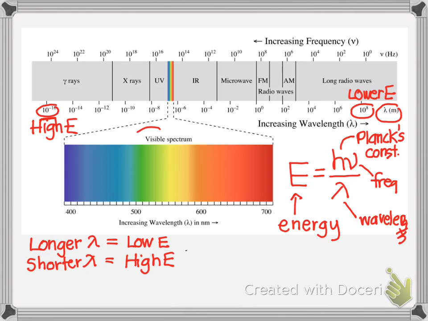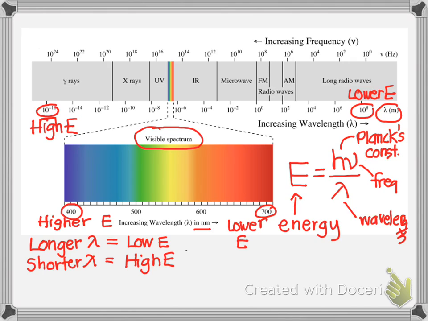It's also kind of cool if you look at the visible spectrum, you see that different colors of light have different energy. This spectrum here is in nanometers, and this end has shorter wavelengths. So the purple light has higher energy, compared to red light, which would have lower energy. So the colors of the light can give us insight into the energy of the radiation itself.